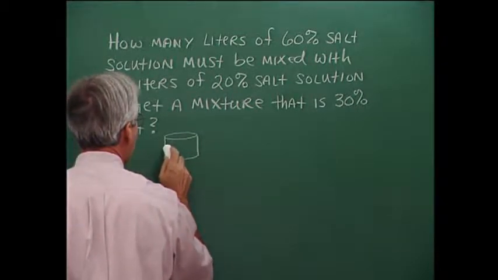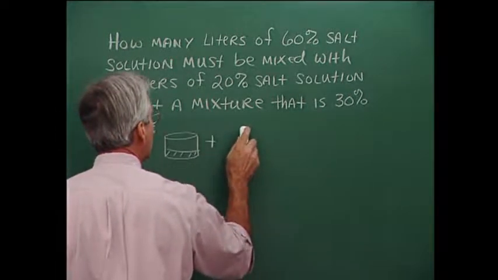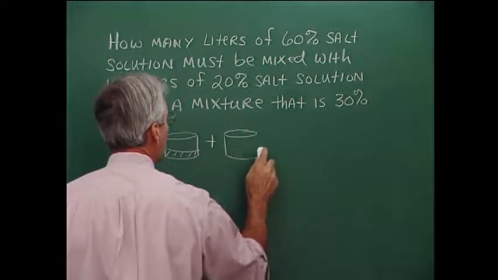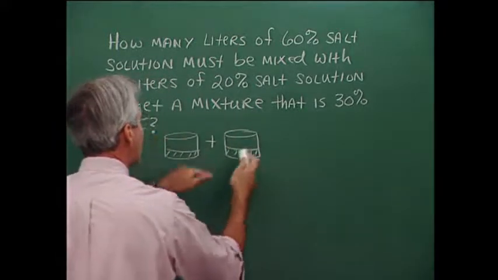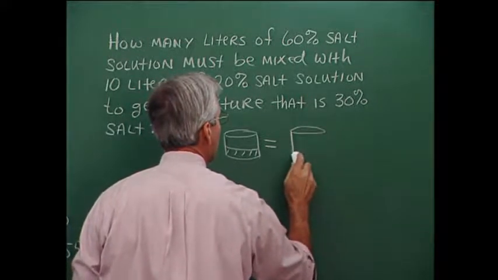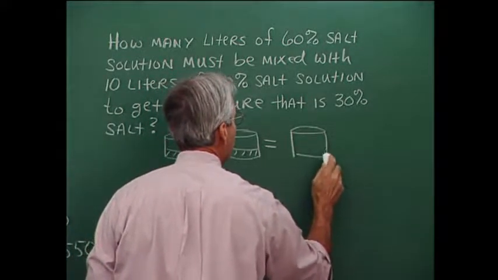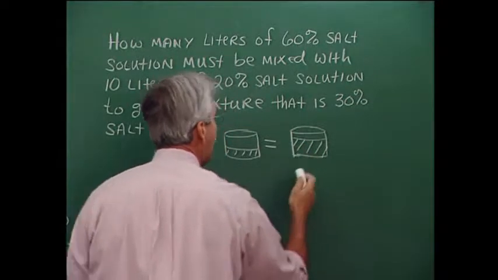You see, you can actively think about it like this. We have some liquid, and we're going to mix some other liquid. And when we pour those two beakers together, it's some total amount of liquid.